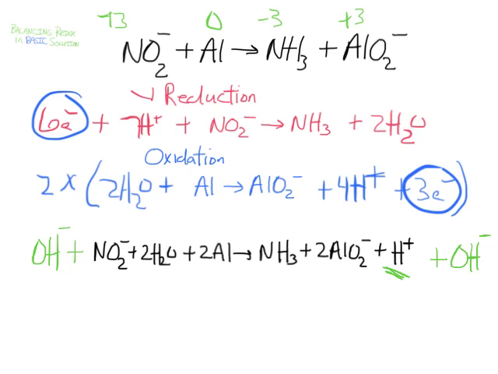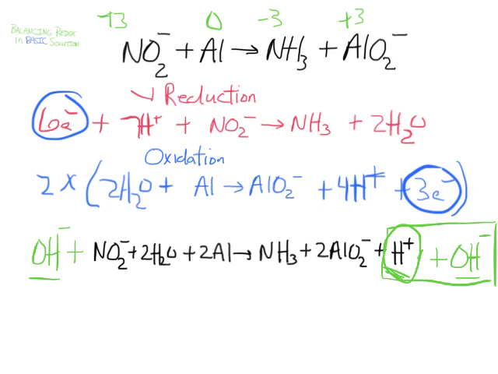So I have added as much OH minus to both sides of the reaction as I had H plus left over in the acidically balanced version of the equation. The net effect is that I can combine the H plus and the OH minus on the right-hand side.